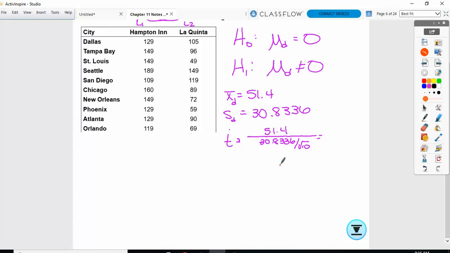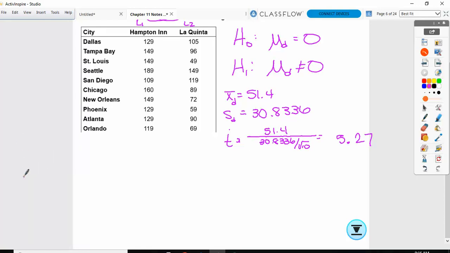So if I calculate that, you get 5.27, and that's slightly different than what our calculator gave us. The calculator said 5.12, but we're pretty close.